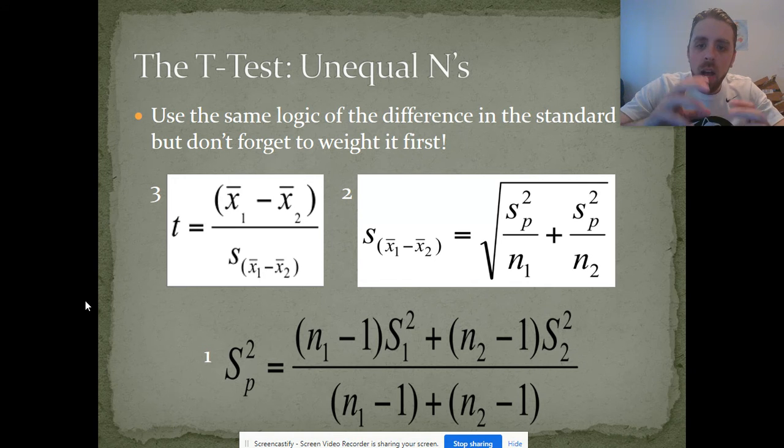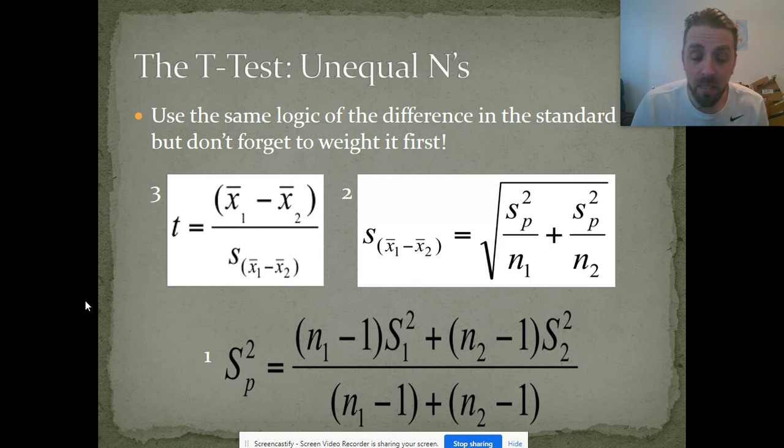We're going to weight that to assign more value and more explanatory power to the sample that is larger, because the variance of the larger sample is known to be more accurate in almost all circumstances. So S squared P is calculated as the first sample size minus 1 times the first variance, plus the second sample size minus 1 times the second variance, divided by N1 minus 1 plus N2 minus 1.